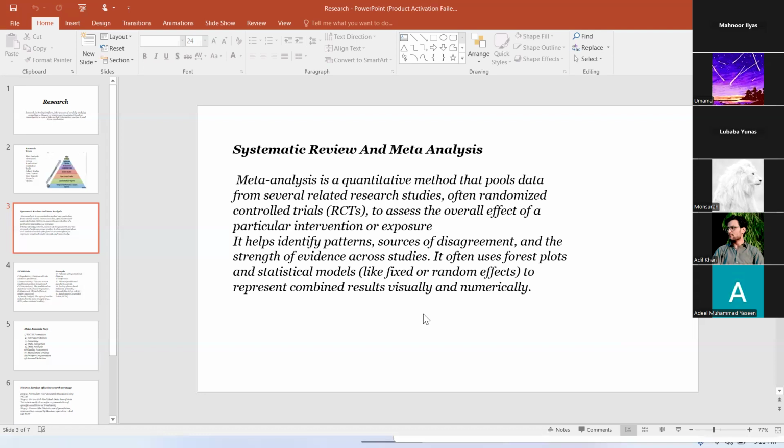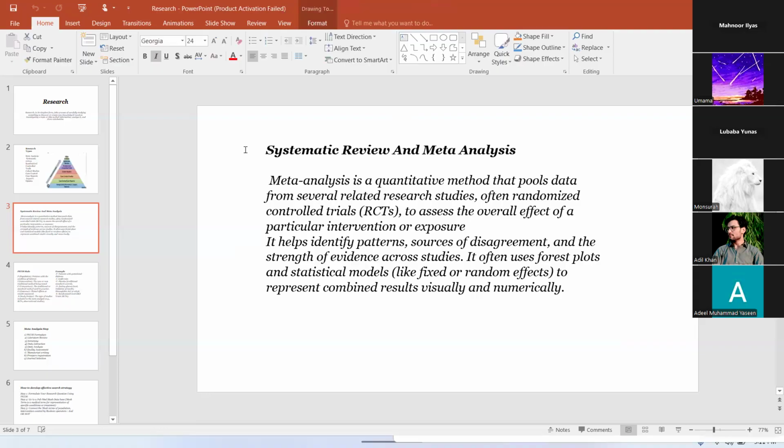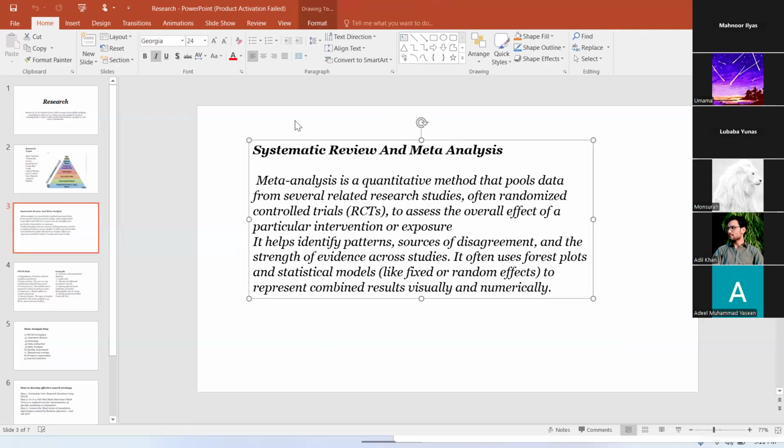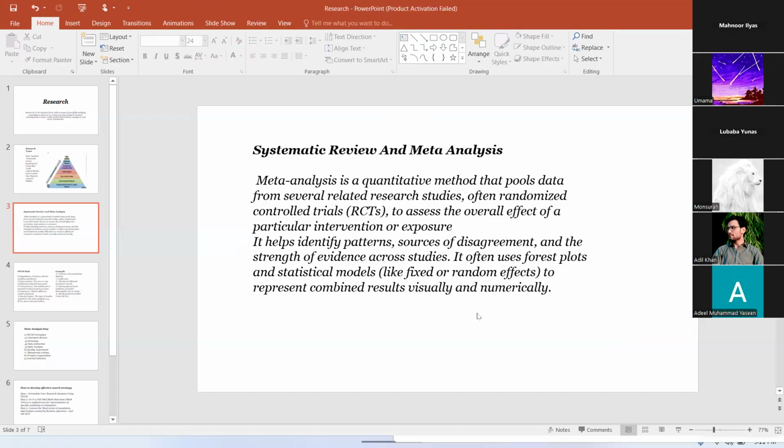Now, what are the cumulative results? What shall the practical guidelines follow? So, in order to pool all the studies and give cumulative results to the community, we perform systematic reviews and meta-analysis.